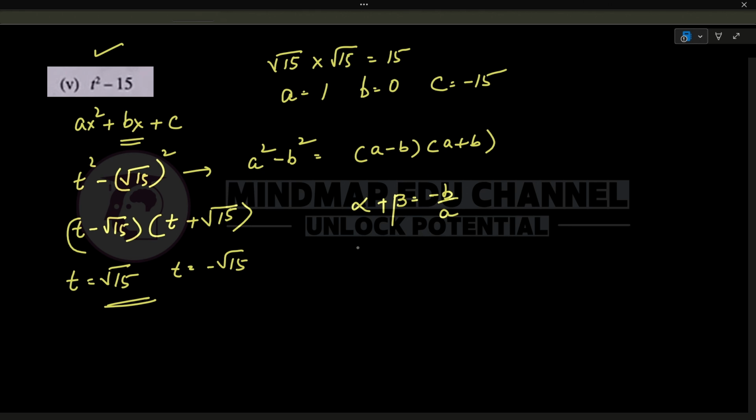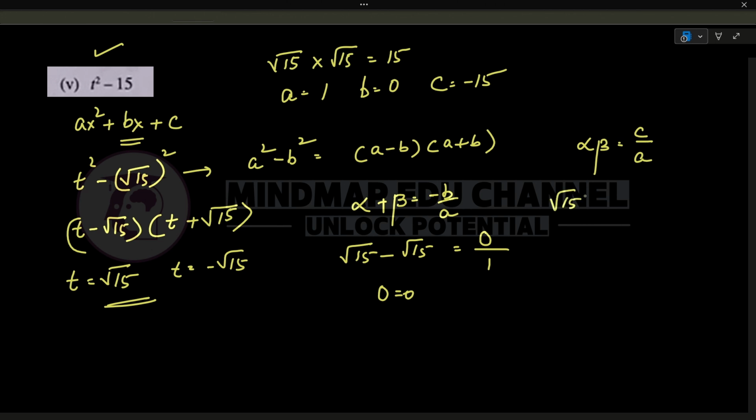Correct? Okay. So here alpha plus beta. What is alpha plus beta here? It's root 15 minus root 15. Correct? So that will be equals to minus b over a. What is minus b? It's 0 over 1. So 0 equals 0. Let's find the product. Alpha into beta is C over A. What's alpha?